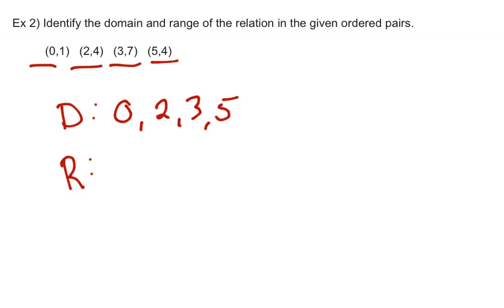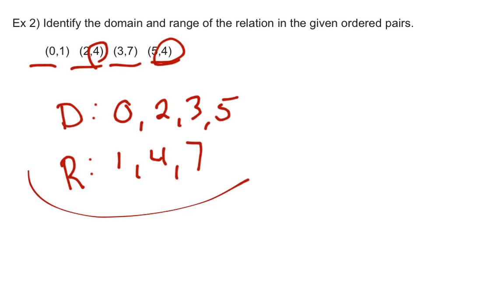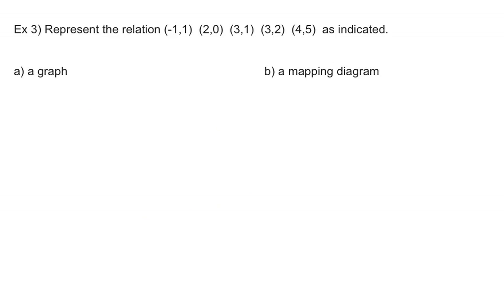State the range. Well, the range is the y's: 1, 4, 7. And that's it. Even though there's another 4 here, there are 2 4s, I don't have to state them twice. Notice how I ordered these all from least to greatest, and I don't have to list any repeats. So there's my domain and range, and that's all it is.